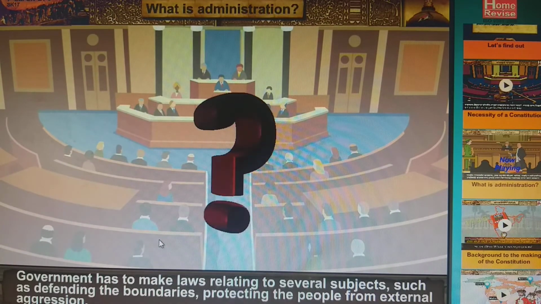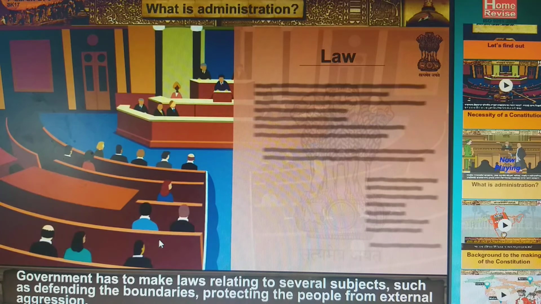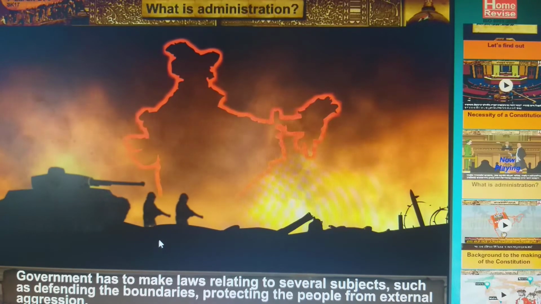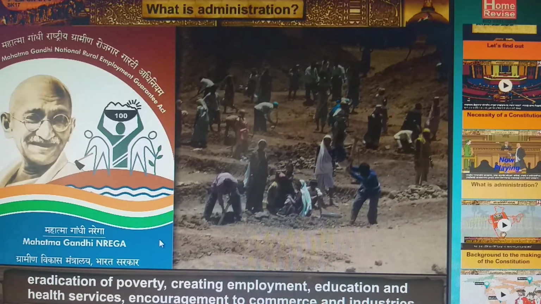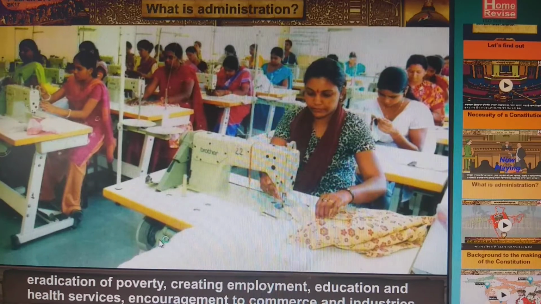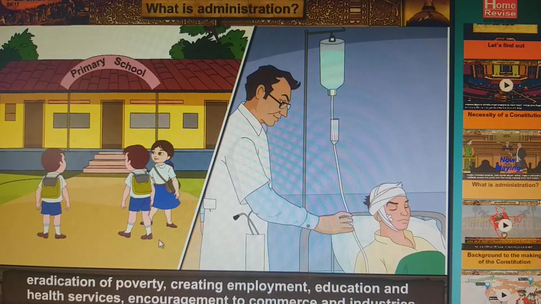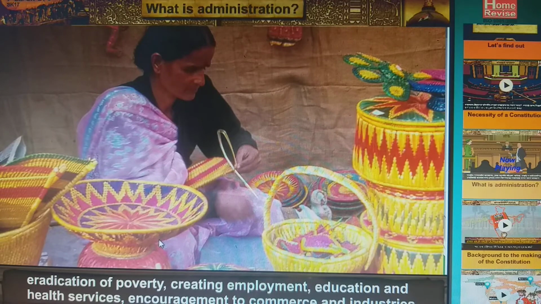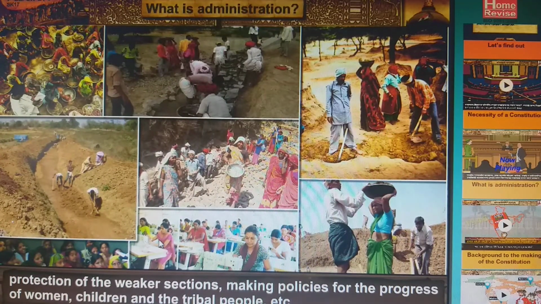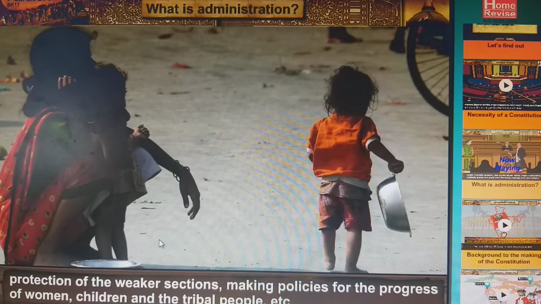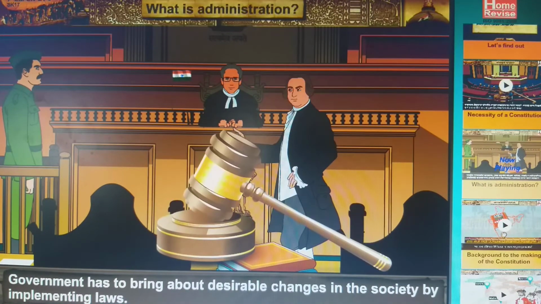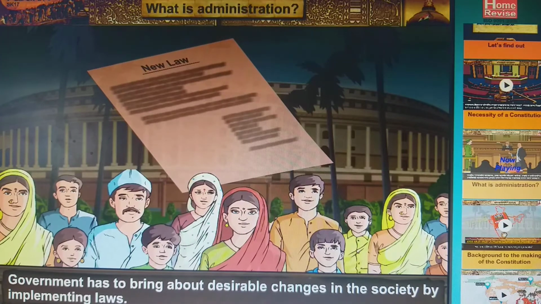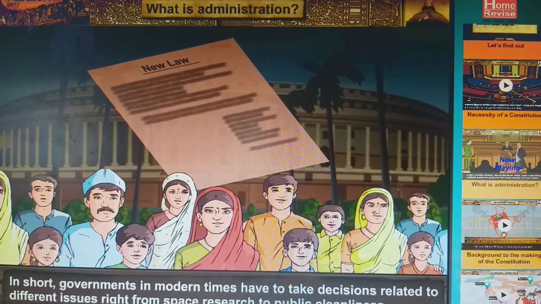What is administration? What is included in this administration? Government makes laws relating to several subjects: defending boundaries, protecting people from external threats, removal of poverty, creating employment, giving education and health services, encouragement of commerce, protecting the weaker sections, progress of women, children, tribal people, etc. The government has to bring about desirable change for society by implementing these laws.